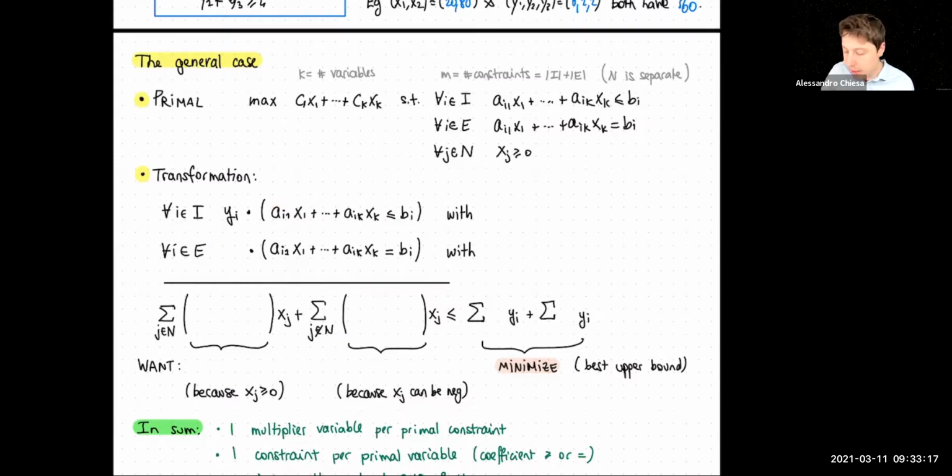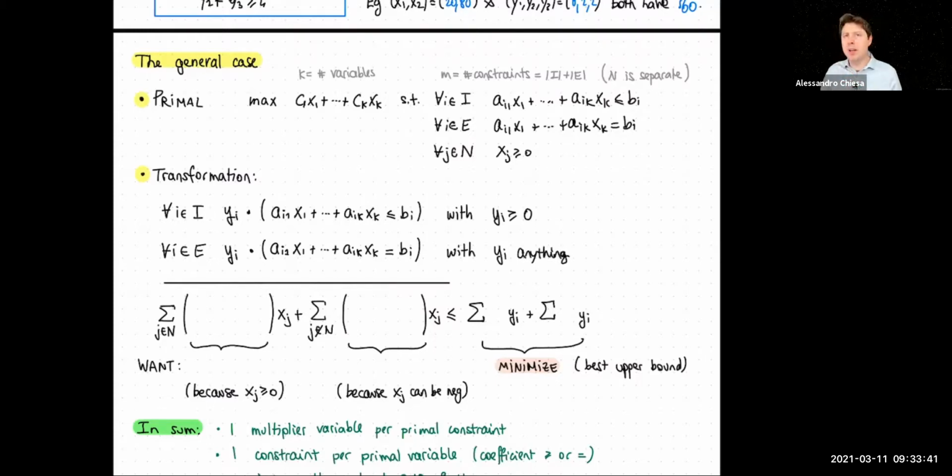And so that we don't flip an inequality, we have at minimum to assume, or at least to constrain yi to be non-negative. Okay? Now we also have equalities, and for those, we actually don't care about flipping. So we're actually going to leave yi to be anything.